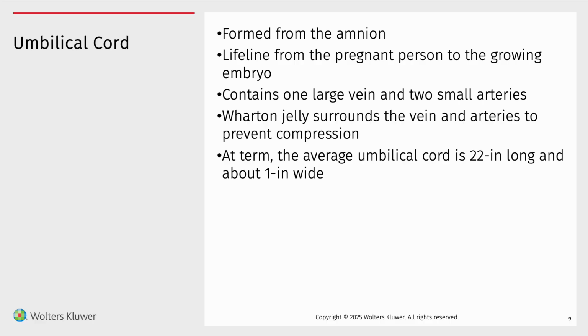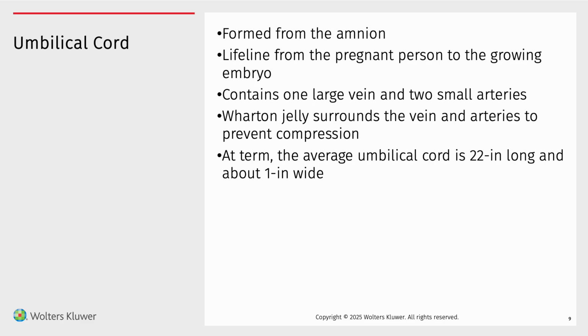Okay. Then you have 2 small arteries which carry deoxygenated, nutrient-depleted blood from the fetus to the placenta. Okay, super important. That makes 3. 1 large vein, 2 small arteries.